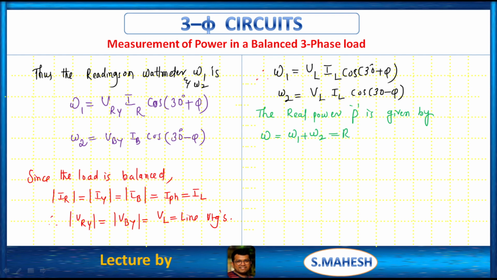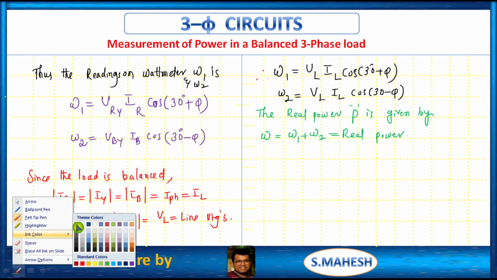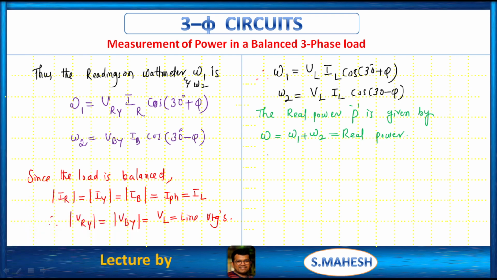It is equal to real power. Completed. Then P is equal to VL IL cos of 30 plus 5 plus VL IL cos of 30 minus 5.